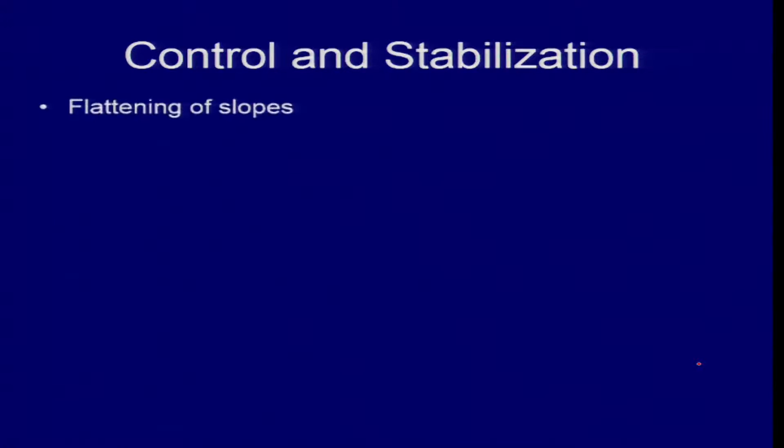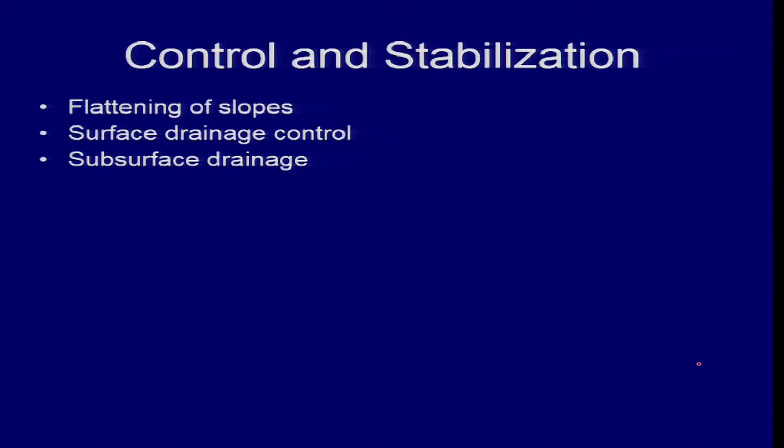Now, control and stabilization. Very simple methods have been adopted over the past and we are still doing so. The most important is the slope factor. So, you reduce the slope, flattening of slope, surface drainage control, try to remove water as fast as possible from the surface, subsurface drainage also you can apply.